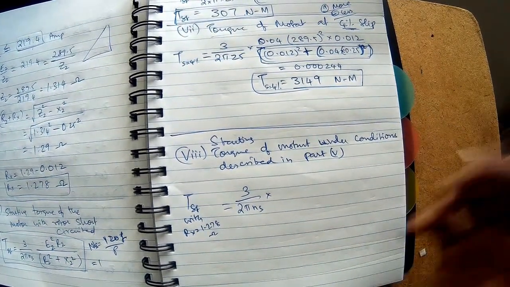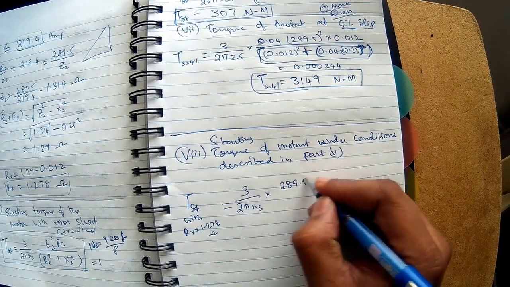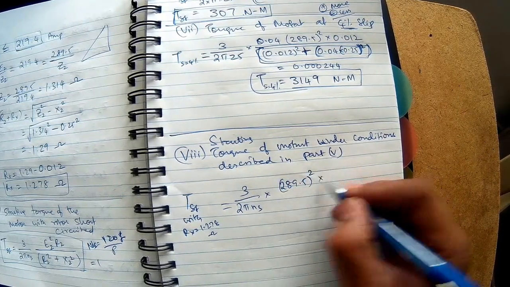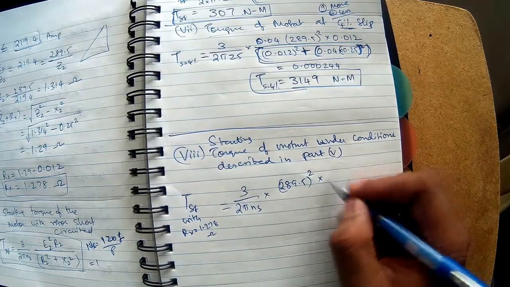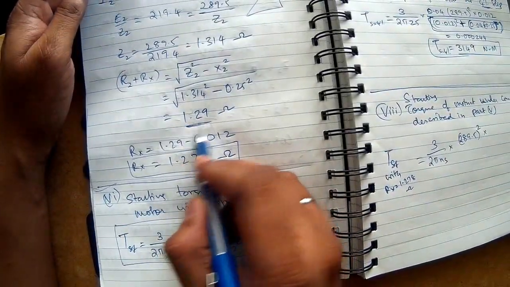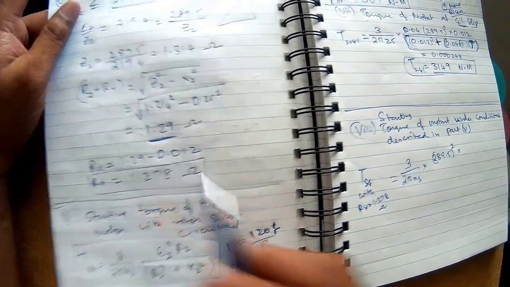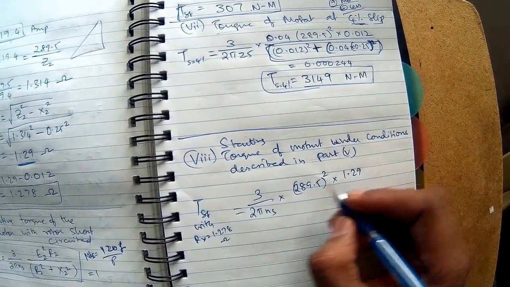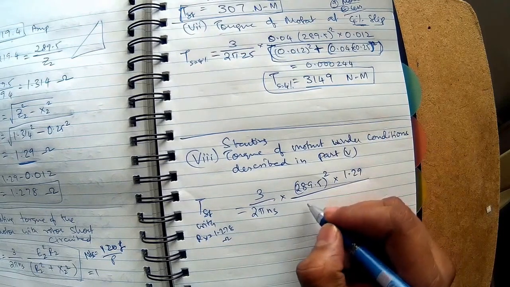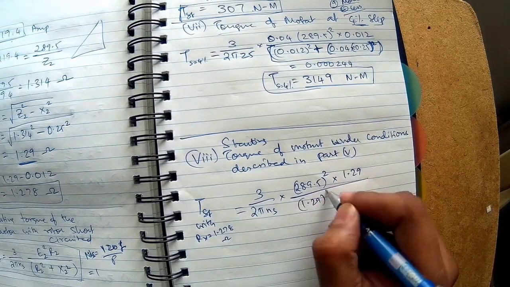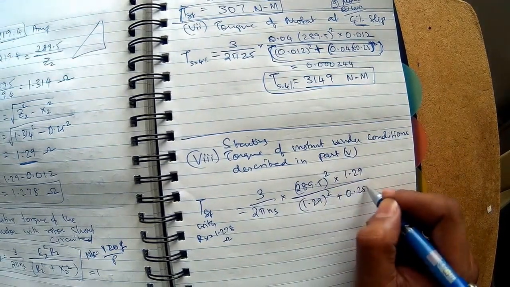There is no change in the E2, that is 289.5, because the slip is 1 at the starting. And then what will be the resistance? The effective resistance here is R2 plus Rx, that is 1.29 as we calculated. So the effective resistance has increased, and in the denominator 1.29 square plus 0.25 square.